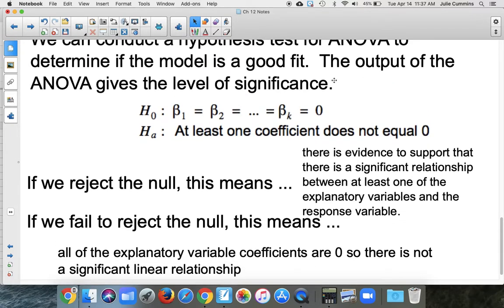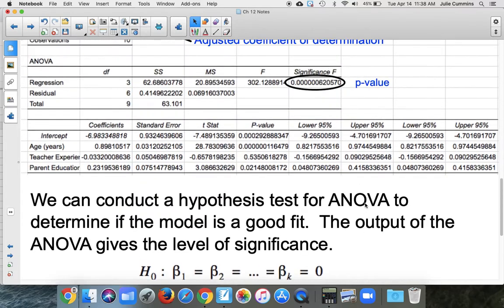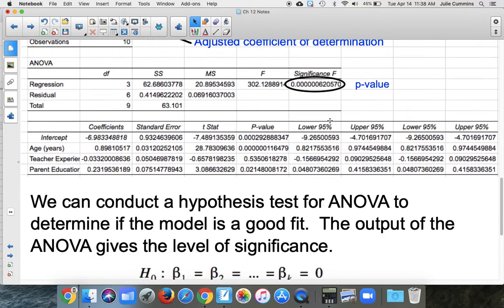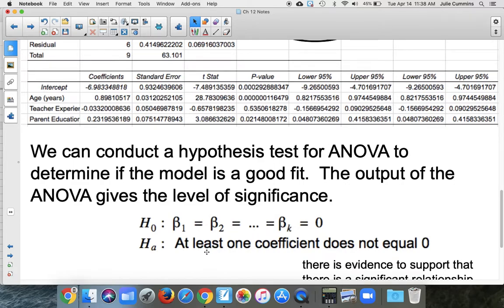All right, so our null hypothesis is, remember, that all the coefficients are 0, so there's no linear relationship, and then our alternative is that at least one of the coefficients is not 0, so that there is a significant relationship between at least one of them. We don't know how many, we don't know which one yet. We'll dig into that in just a minute. So going back up to this example, that's what this p-value is telling us. That is small enough that we would reject the null and we would say, at least one of the coefficients is not 0.